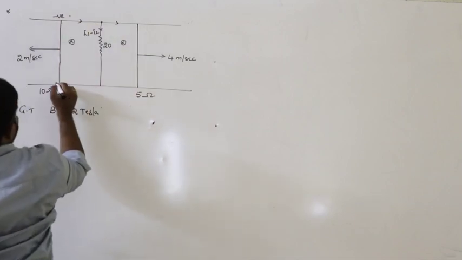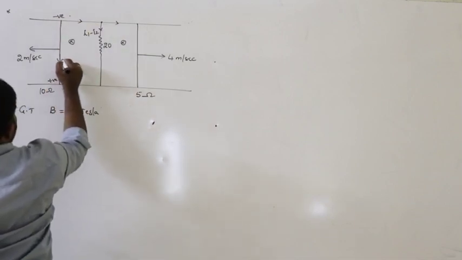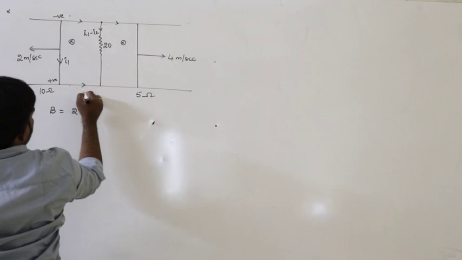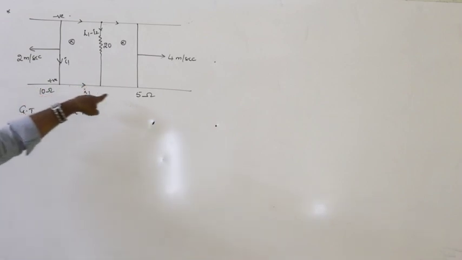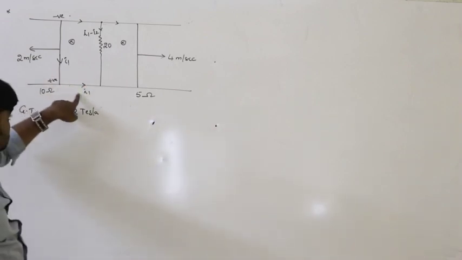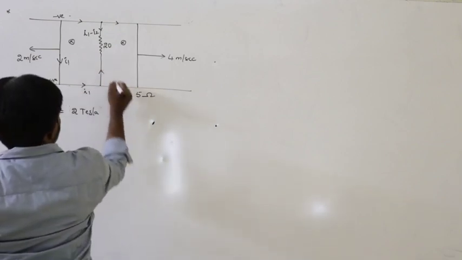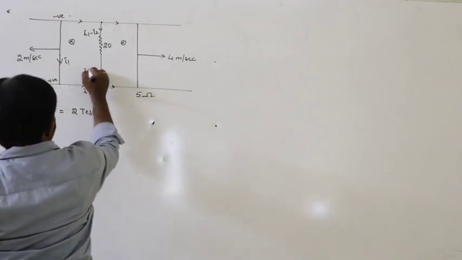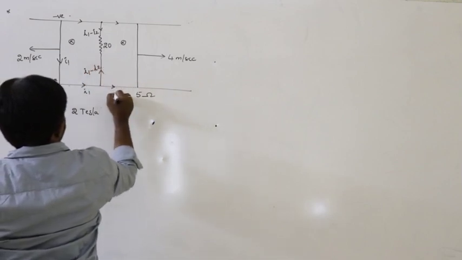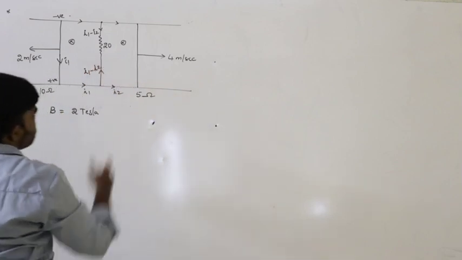In the external circuit, current passes from positive to negative. Here I1 divides, so it is I1 minus I2 and it is I2. What is this one?